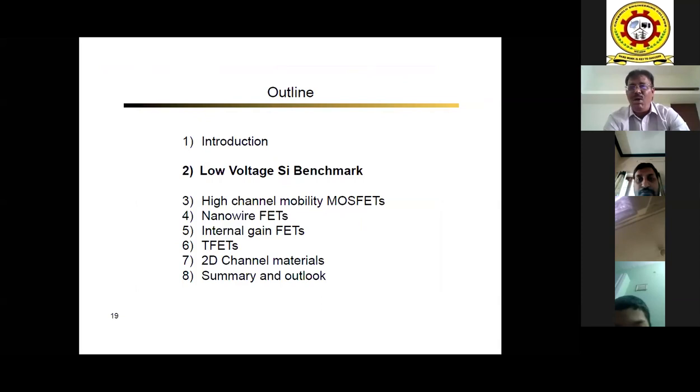Focusing on all these parameters is not possible, because of the bottleneck; you try to trade off between certain parameters and improve others. I don't mind having additional sub-threshold slope at the expense of some other parameter, or at the gain of some other parameter, and so on. Okay, so now the low voltage silicon benchmark. That's what we are going to go through in some slides.